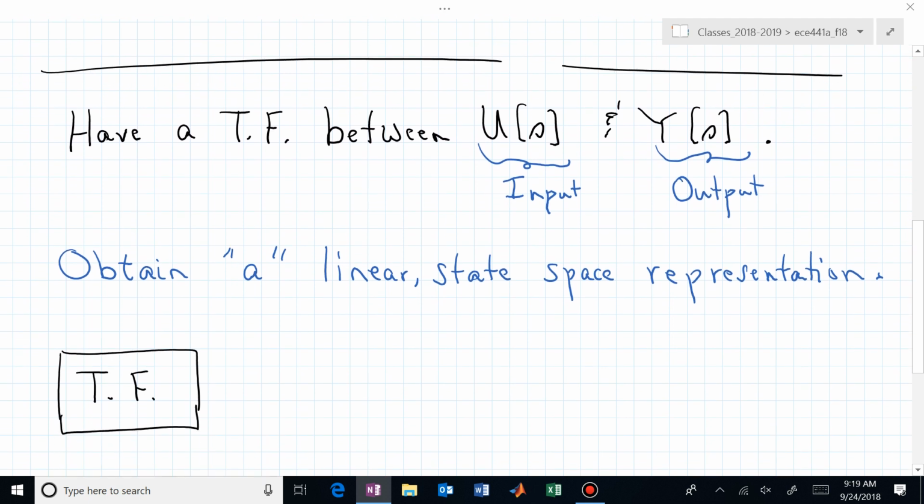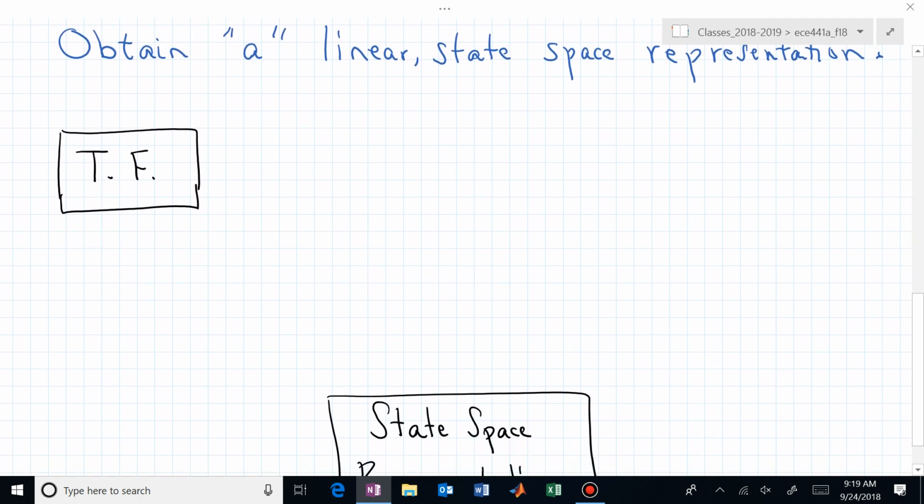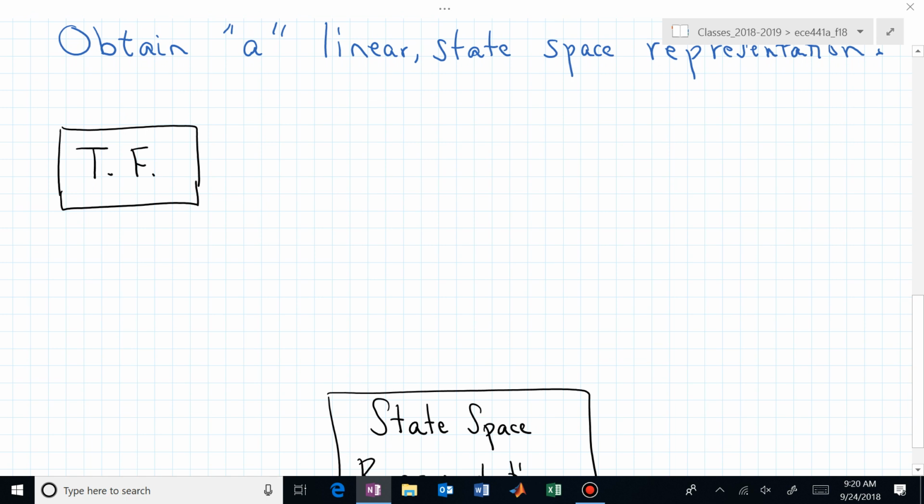Now, we are starting with a transfer function. We've already gone through it for a first order, and that's between an input u and an output y. And we want to obtain a state space representation, and I already outlined the strategy. We'll go from a transfer function to differential equations.